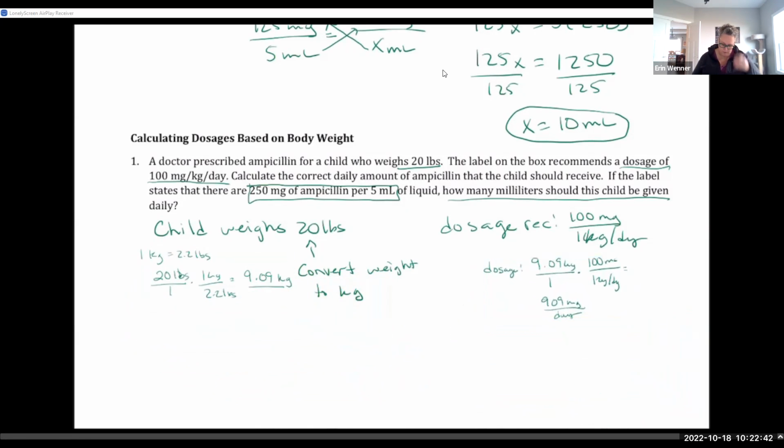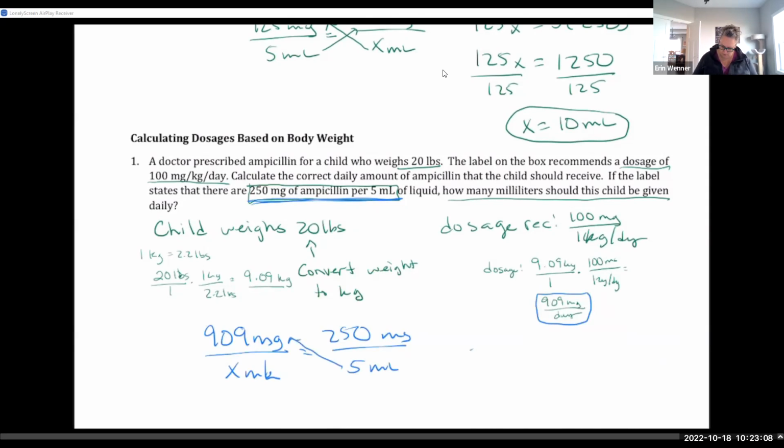Okay, so now that we have a little bit more room, again, we have 909 milligrams per day. So we're going to say 909 milligrams to X number of milliliters is equal to the dosage we have available to us, which is 250 milligrams per 5 milliliters. If we cross multiply, we get 5 times 909 equals X times 250, or 250X.